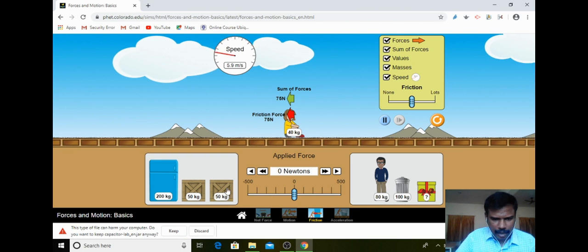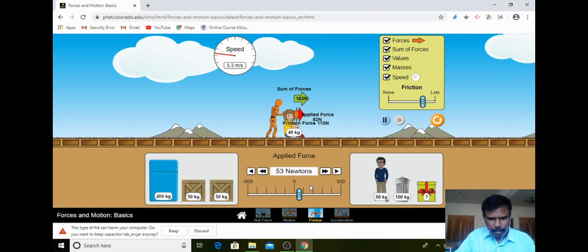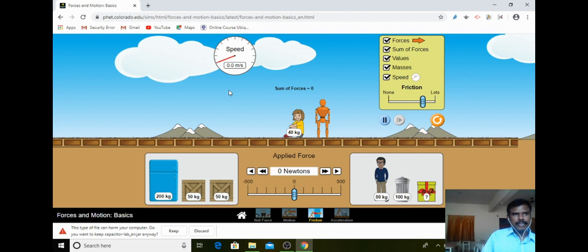So friction this way, or the newtons this way, or this way, the balancing. So the simulation can be customized according to the teacher's explanation, and she or he can explain to the students for making learning interesting.